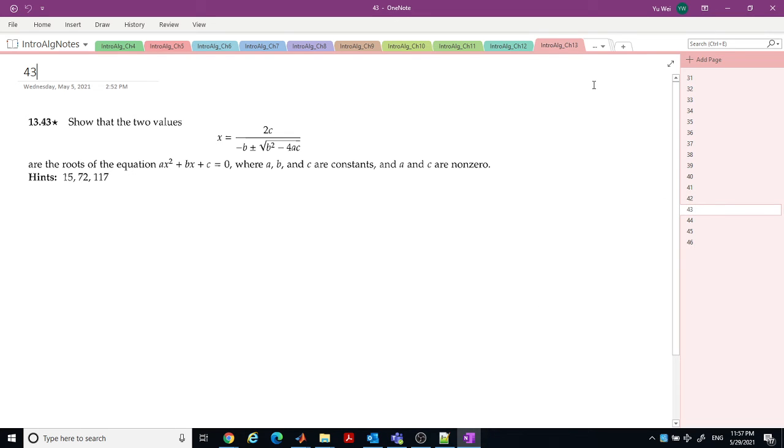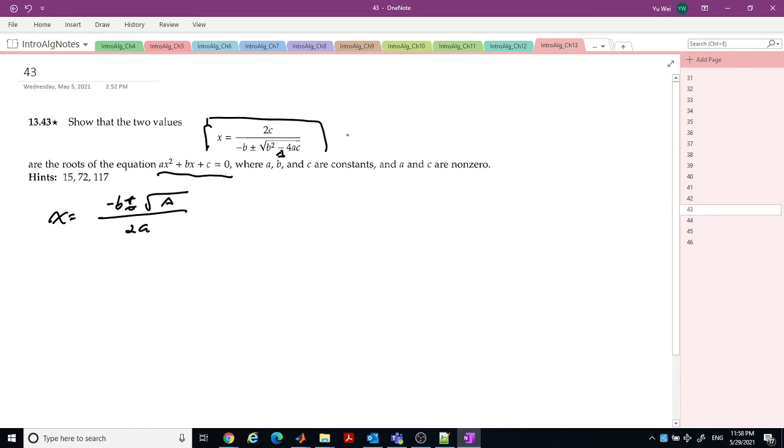Okay, this one. So we want to prove this one is the solution, right? So from here we know the solution is x equals (-b plus minus the delta) over 2a. Here is the delta. Think about it. Okay, this is the 2c over 2a.